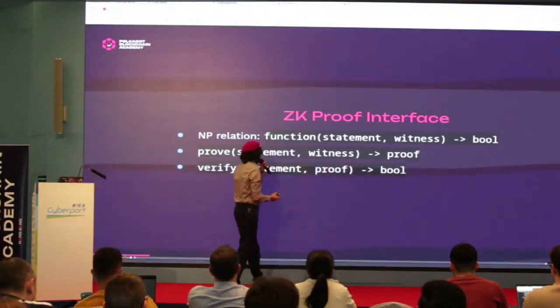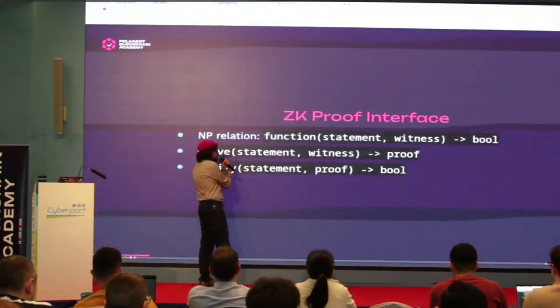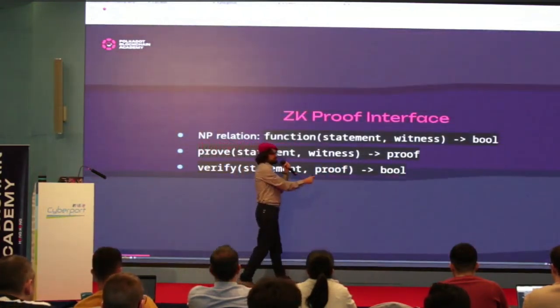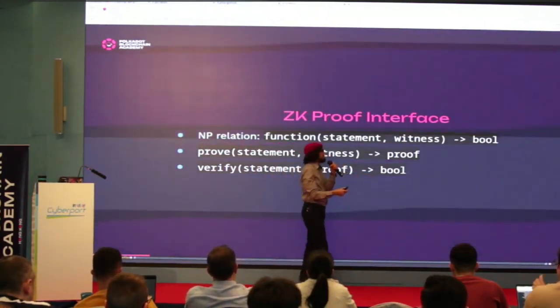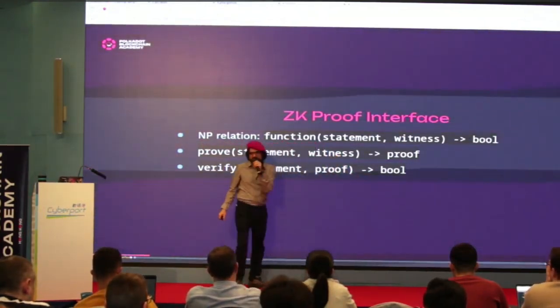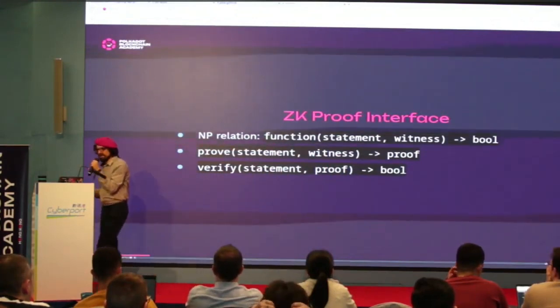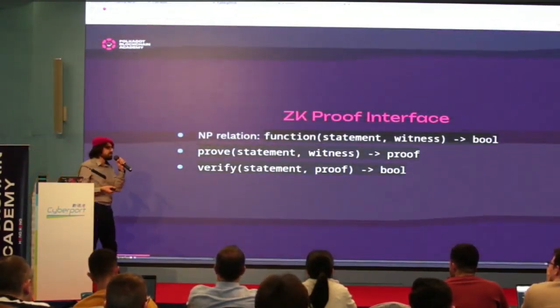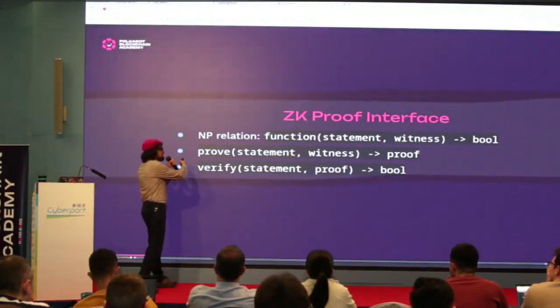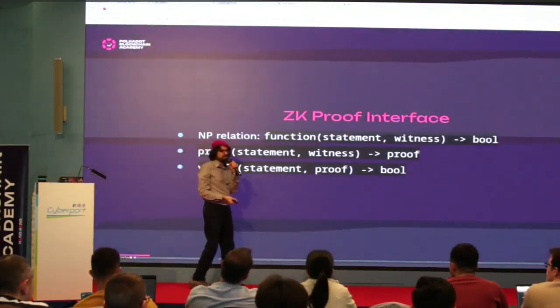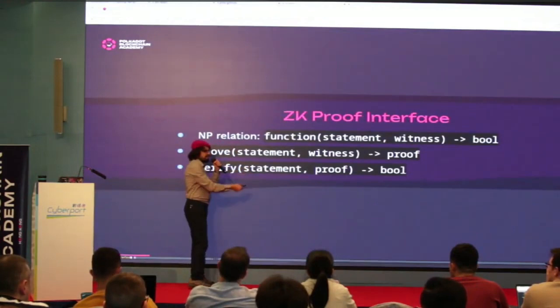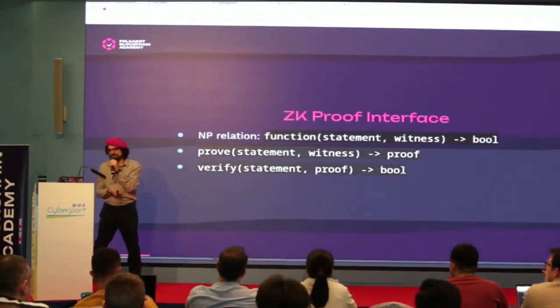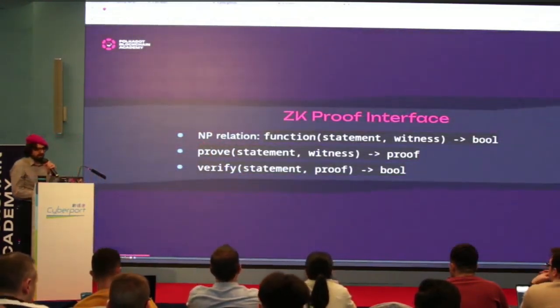You put the proof and the statement into the verify function, and it should return true if the proof is valid, if they actually had the witness. So the API looks like that, and at the end, if we have time for the demo, you will see I will run a proof, it will generate a proof and save it in a JSON file, then I give the proof to the verify function, and it returns true or false if we tamper with the proof.